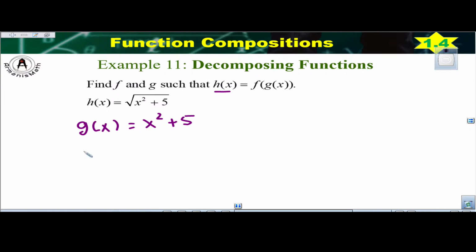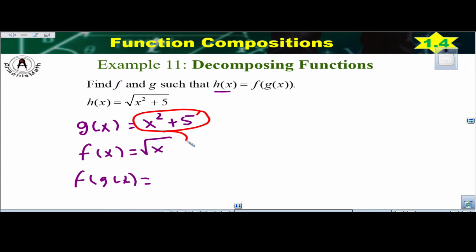And f of x would be something like the square root of x. Because if I wanted f of g of x, I'm going to take the g, the blob, and put that whenever I see x. So that's going to be the square root of x squared plus 5.